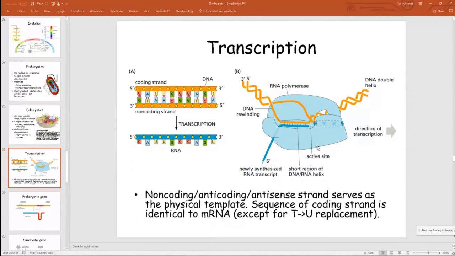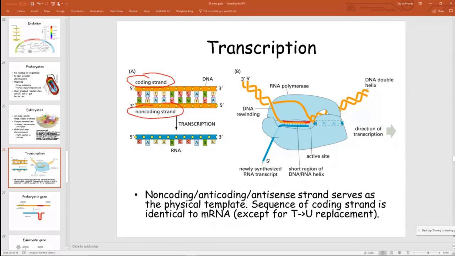Okay. All right. There are some terms that are going to be important to remember. The DNA is a double helix, right? It's a double-stranded DNA. We'll call one strand the coding strand, and the other strand is going to be the non-coding strand. The non-coding strand is what physically binds to the RNA that's being produced.